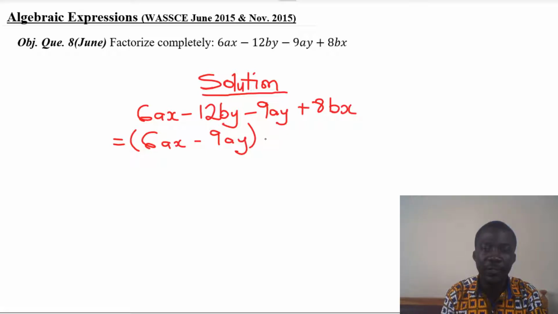Then the next one, we are going to use negative 12by and positive 8bx, but in this case I would like to bring the positive first, so it will be plus 8bx minus 12by.